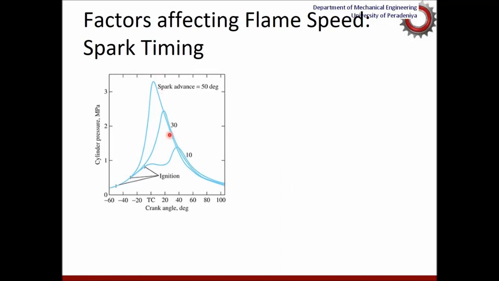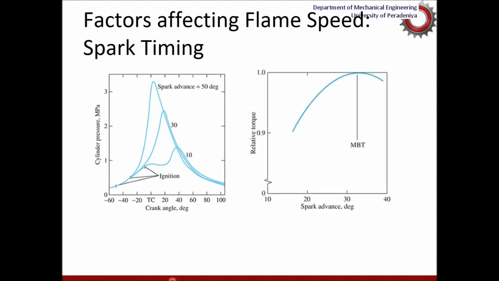And under 30 degrees, it's a little less, and 10 degrees is much less. So the spark timing drastically affects the work produced by an engine, and work produced by the engine is directly proportional to the torque developed by the engine.